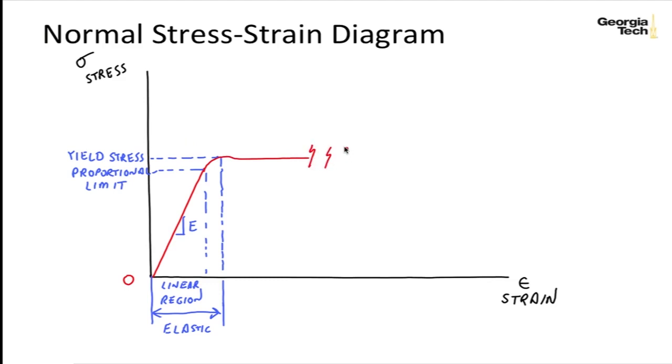So I'm going to put some marks here indicating that it could go on quite a ways. And we continue out, and this is called the perfectly plastic region, because it's plastically deforming.